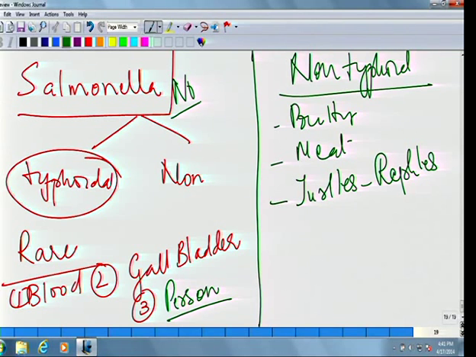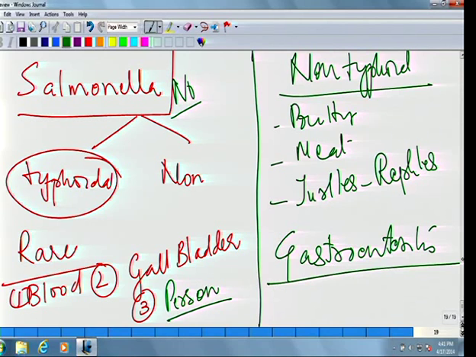What's the most common infection seen in the US caused by non-typhoidal Salmonella? Gastroenteritis, because of food, poultry, eggs, or any food products. So gastroenteritis being common, if someone who has sickle cell disease is infected with non-typhoidal Salmonella, he runs the risk of osteomyelitis.